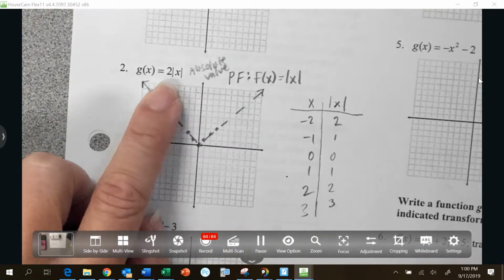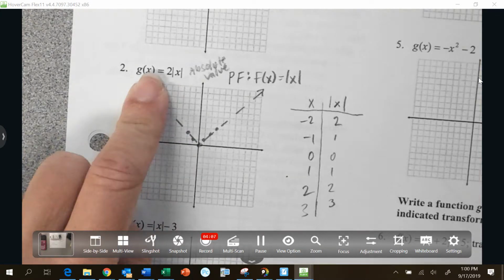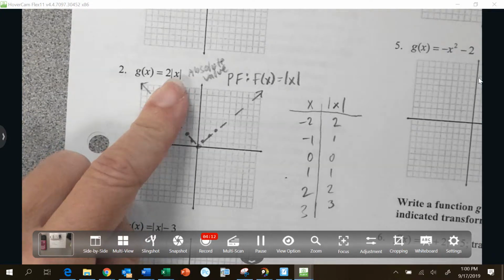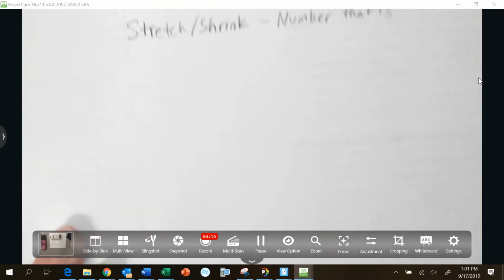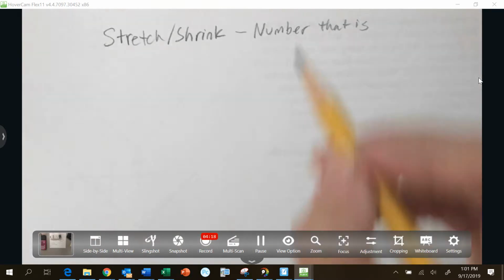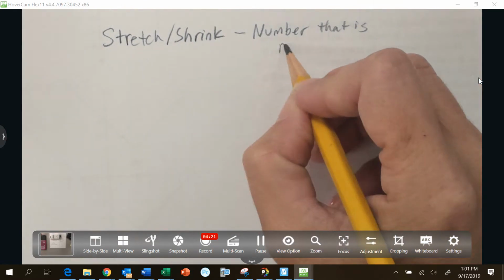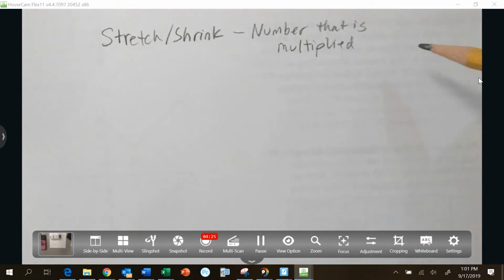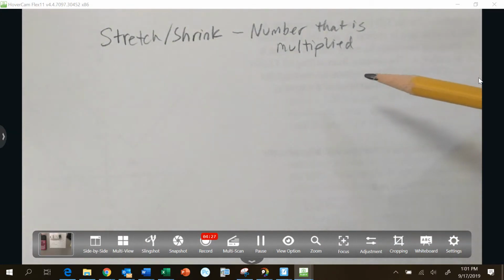What operation? What is the 2 doing to the x? It is multiplying. Operations are things like add, subtract, multiply, divide. This is a number that is multiplied. So if you have a number that is multiplied, it will be a stretch or a shrink.